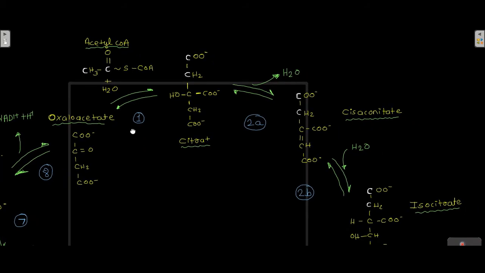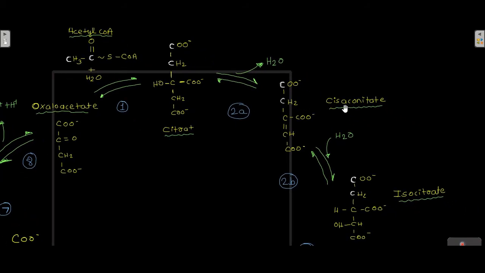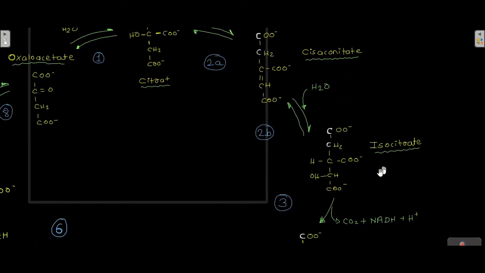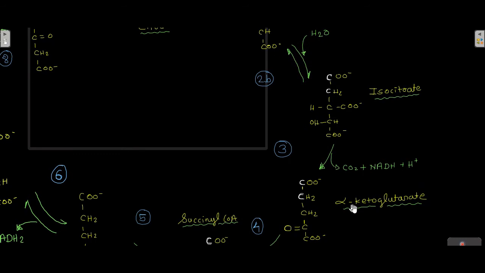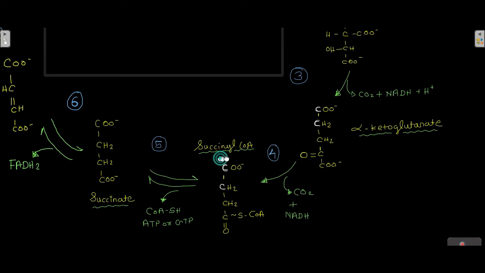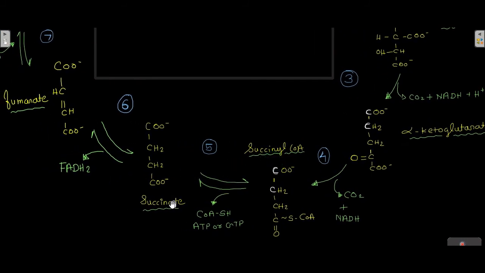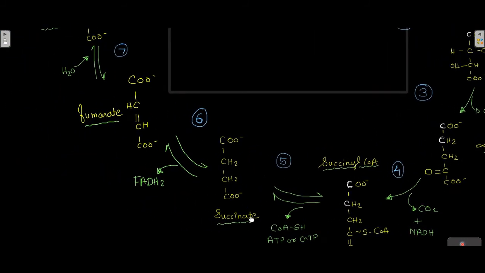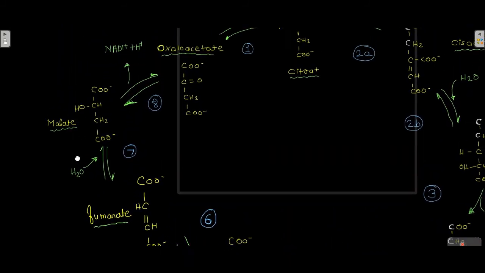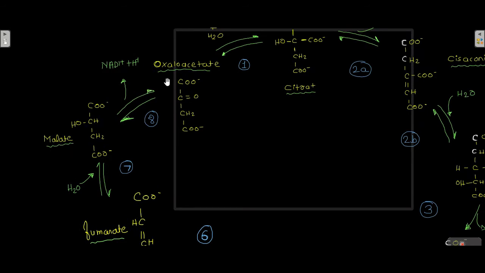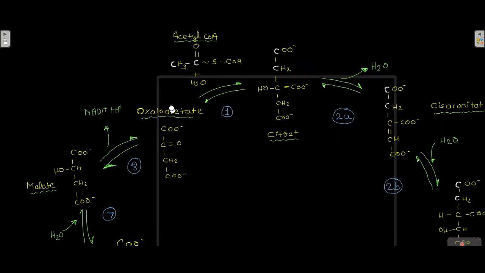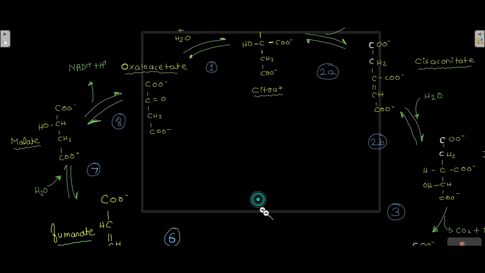It gives citrate, then citrate gives cis-aconitate, then cis-aconitate gives isocitrate, then isocitrate gives alpha-ketoglutarate, and then alpha-ketoglutarate forms succinyl coenzyme A, which then gives succinate, then succinate gets converted into fumarate, then fumarate gets converted into malate, and at last malate again gives you the oxaloacetate with which the cycle began. So this is how the Krebs cycle looks.